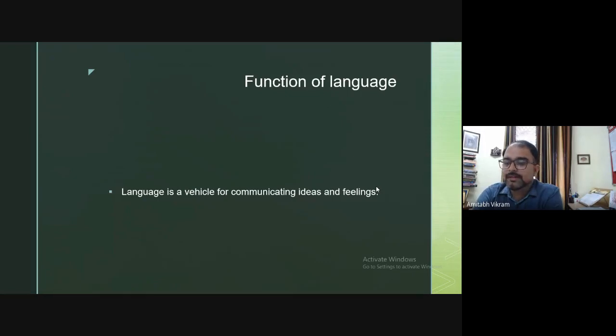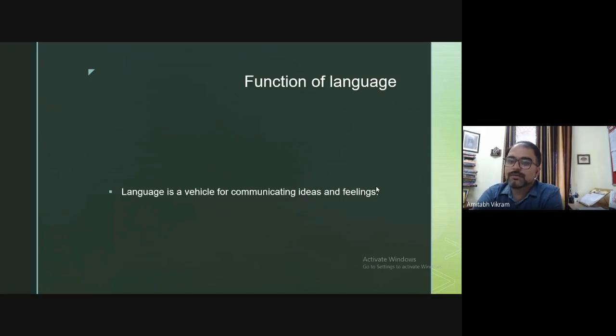And when we talk about what is there in this vehicle, here is a metaphor that we are using. In a vehicle we have different types of words. So we have nouns, verbs, adjectives, adverbs. So these are content words.